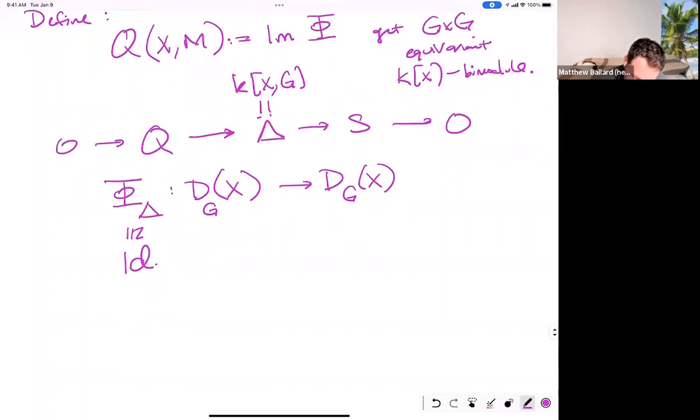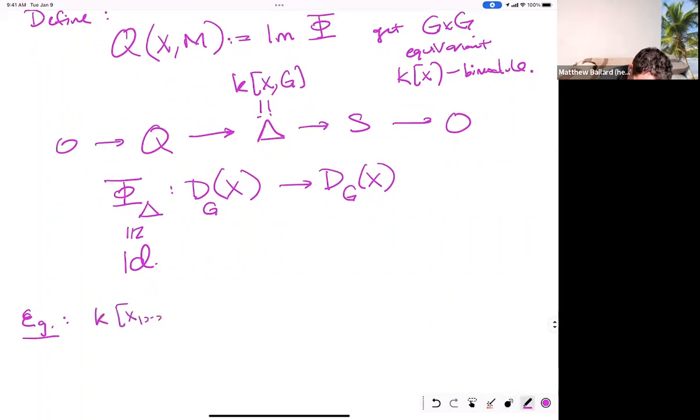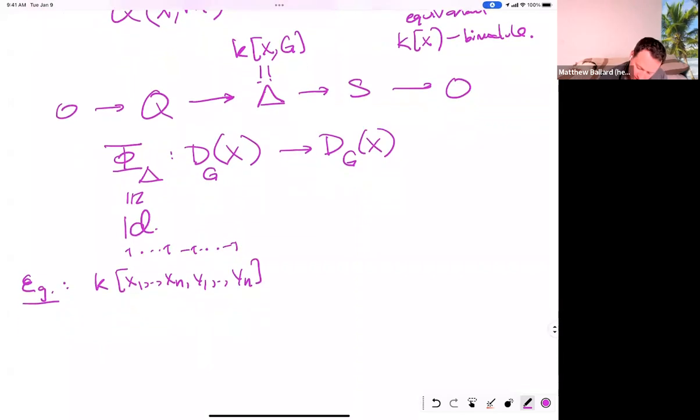If we want to do a simple example, we'll do some more examples here in a bit. I could take the ring that we had before, the standard Atiyah flop. This has weights 1, this has weights -1, so U dot x_i is just U x_i, and U dot y_i is U inverse y_i, because those are the weights.